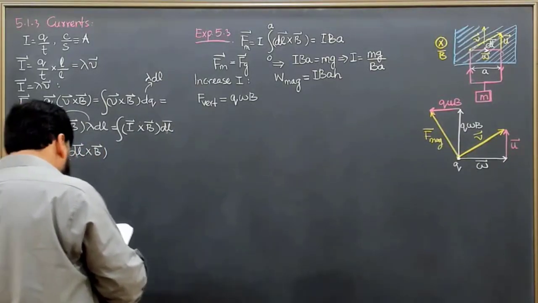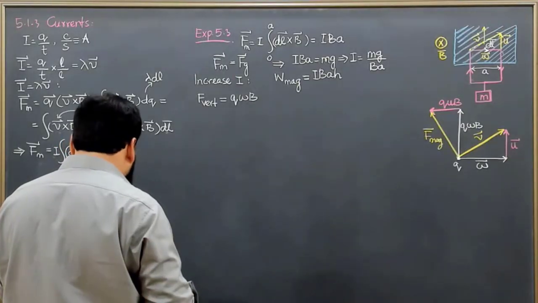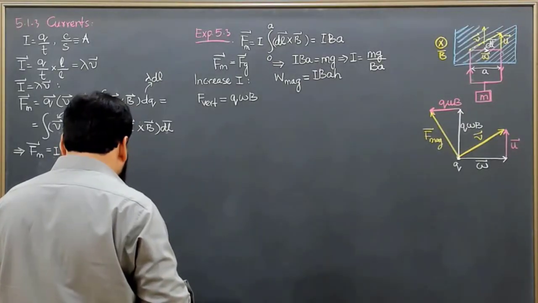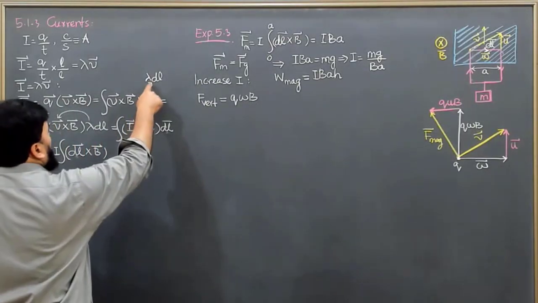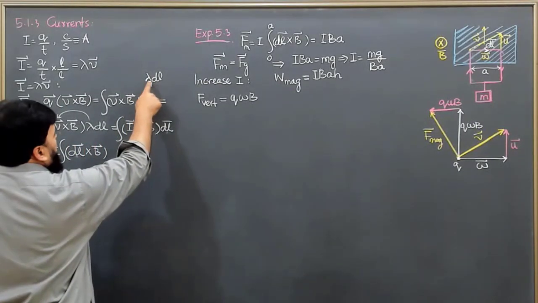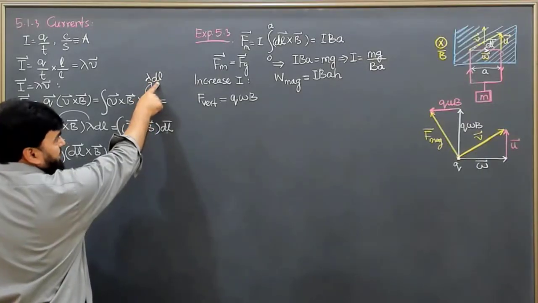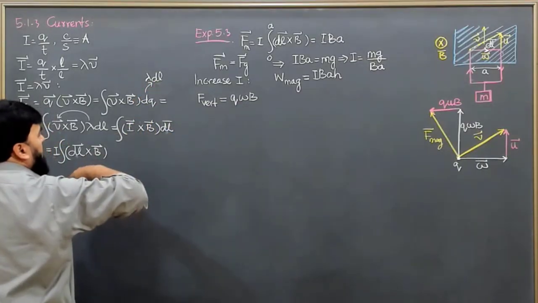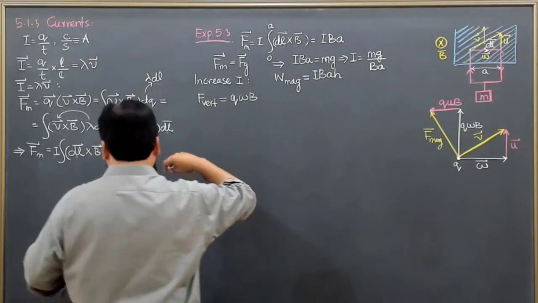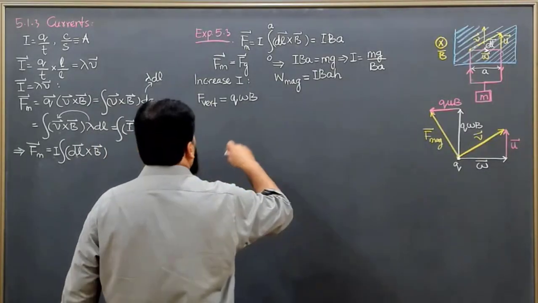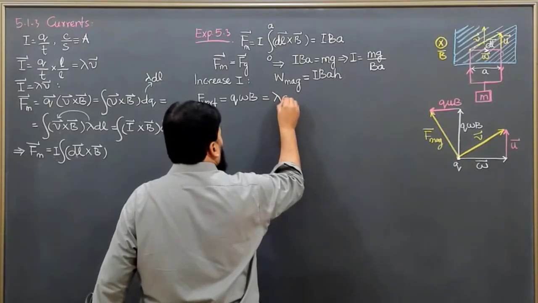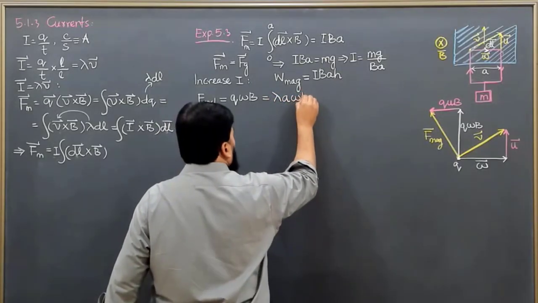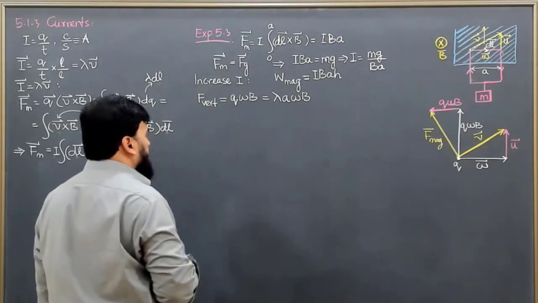And this Q I can write as lambda dl. dl is along the width, so we have lambda times a and then W and then B here.